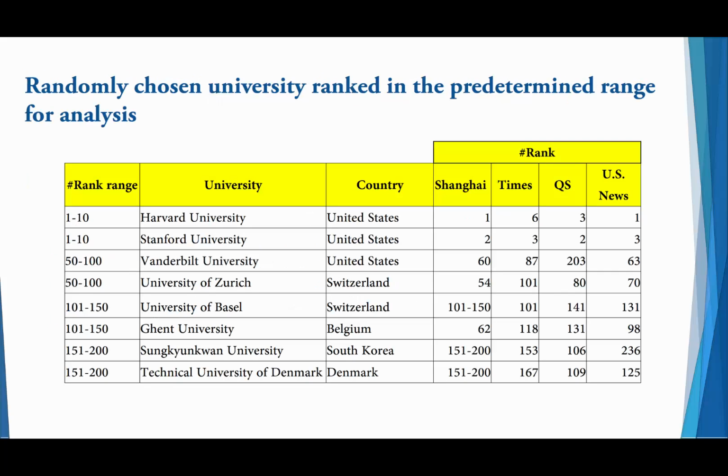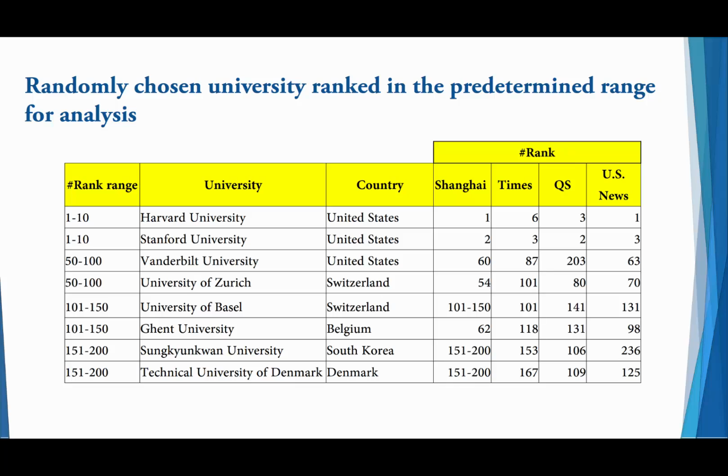To examine the publishing strategies in top global ranked universities, among the top 200 global ranked universities, 12 universities were chosen randomly. Harvard and Stanford were chosen from the top 1 to 10 global ranked universities. Vanderbilt and Zurich were chosen where they ranked as the top 51 to 100 global ranked universities.